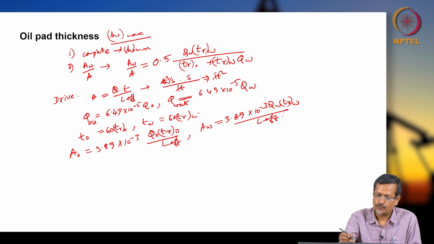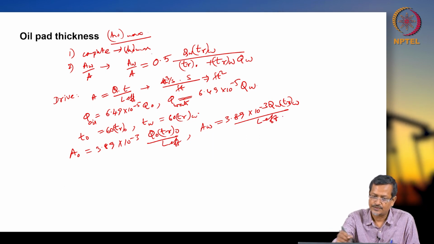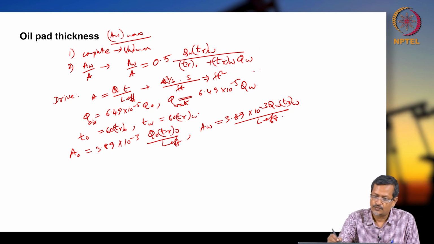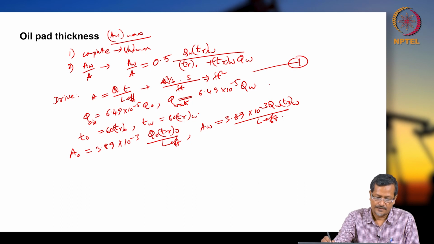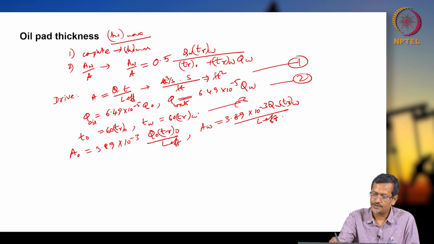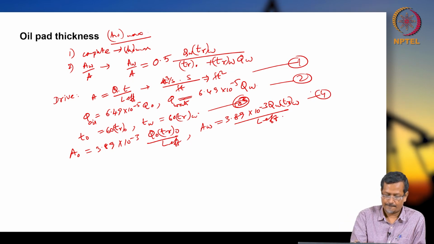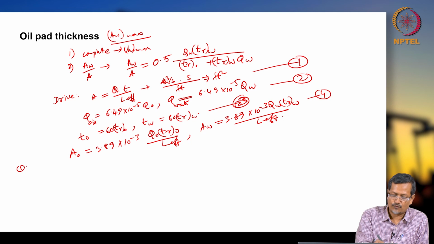Okay, and we put some equation numbers also. Let's say A W, this one, Q T, this is 1, this is Q oil, this is 2, and this is 3, and this is 4. This is coming actually from 1, 2, 3.